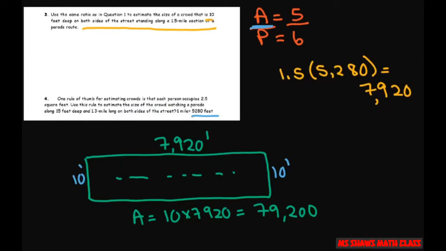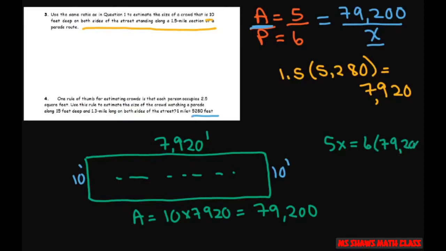We're going to set this up with area on top. So the area is 79,200 divided by, and this is what we're looking for, the number of people. You can cross multiply and you get 5x equals 6 times 79,200.